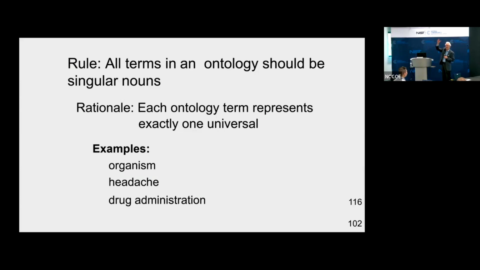Now that is evidence that there was a mistake made because nobody told them about singular nouns. And the reason why singular nouns work is because terms in ontologies represent universals, and you want to have one term for each universal. Therefore, you need a noun or a noun phrase. No verbs, no sentences.